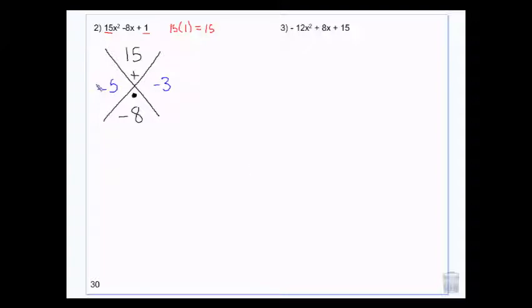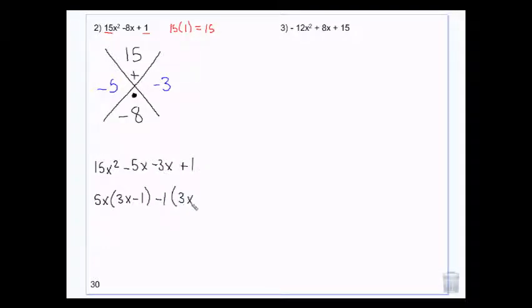And so then I'm going to take that 15x squared, and I'm going to replace this negative 8x with negative 5x, negative 3x, and plus 1. And I'm going to factor a 5x out of this first group, and I'll get 3x minus 1. And I have 3x plus 1 over here, but I want it to be 3x minus 1, so I'm going to factor out a negative 1.